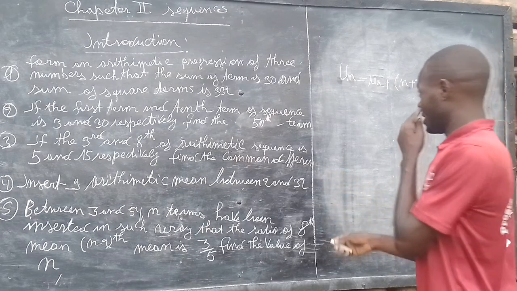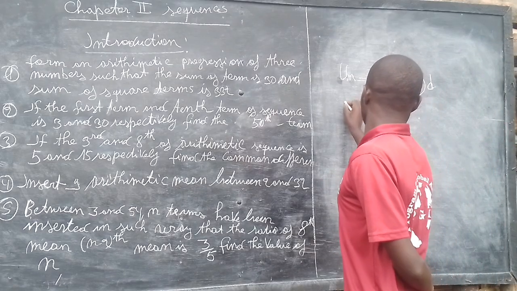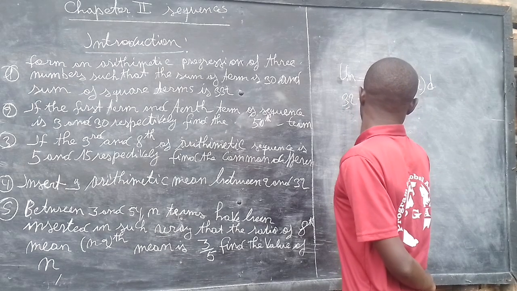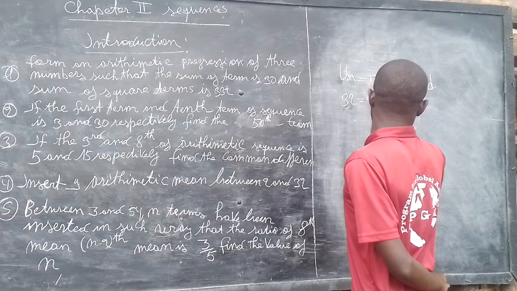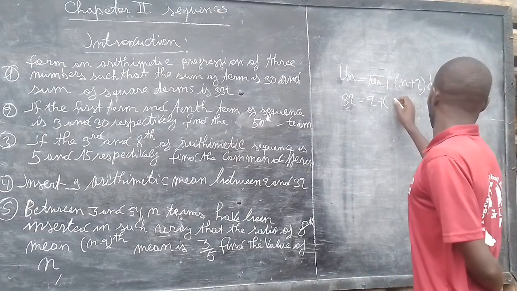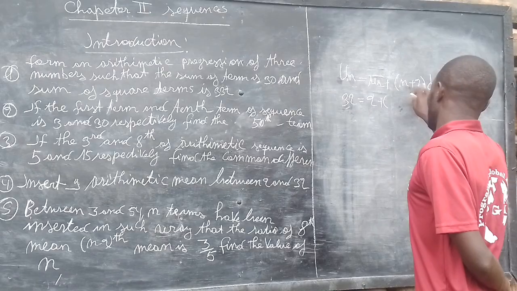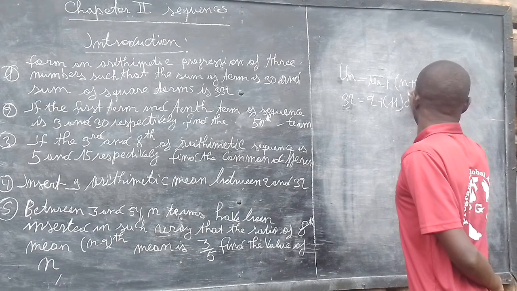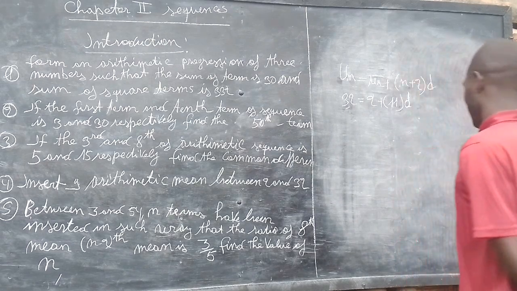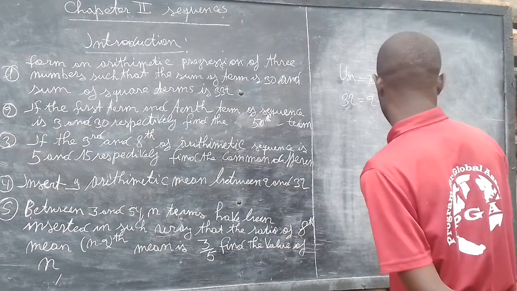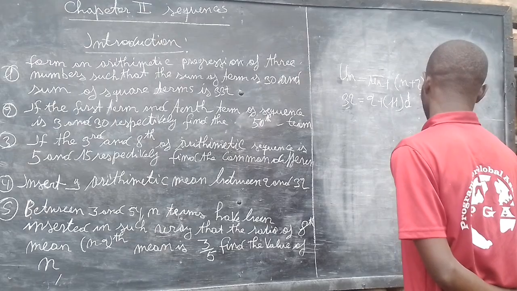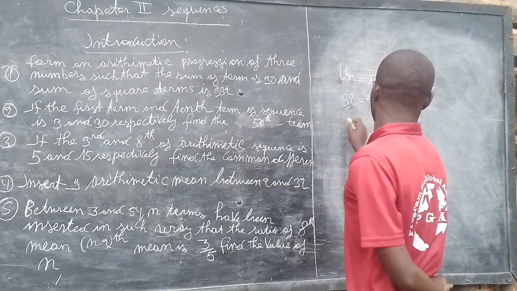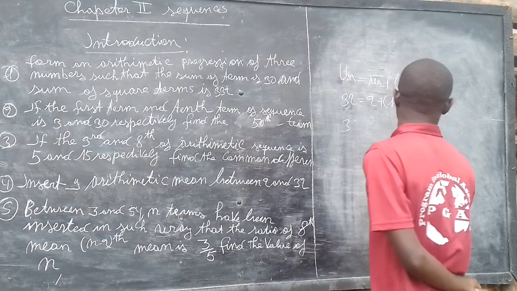So here you see that 32 will be equal to 2 plus (N plus 2) minus 1 times d, with N plus 2 equal to 11.